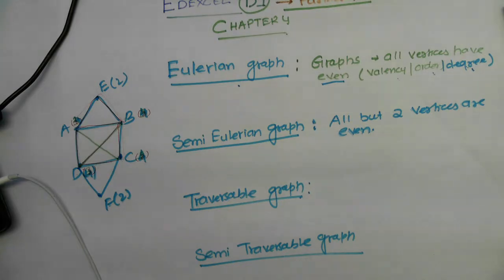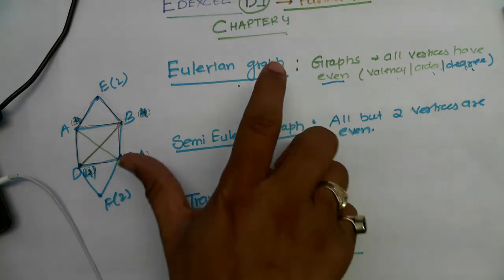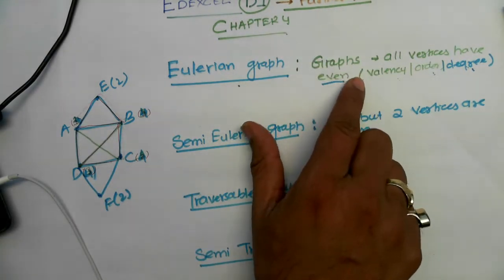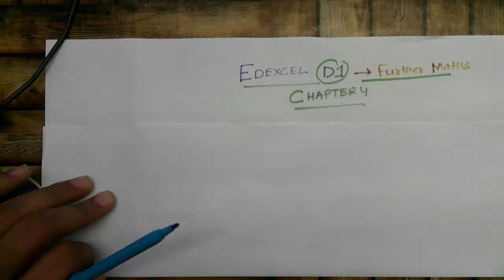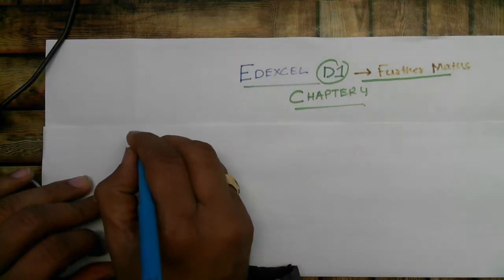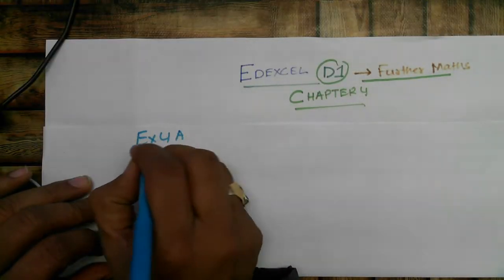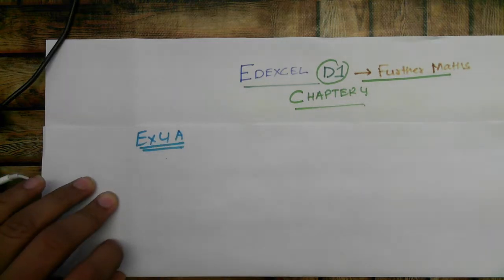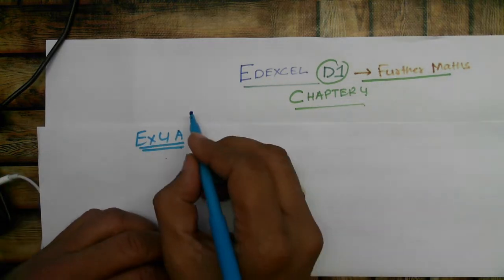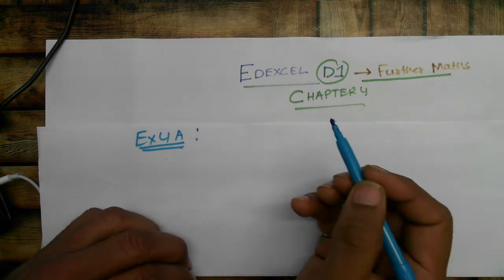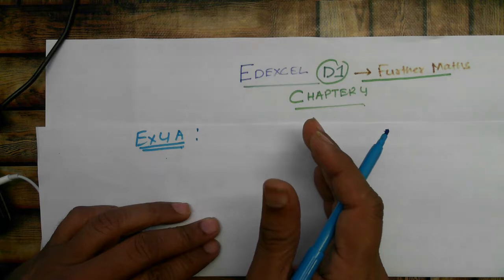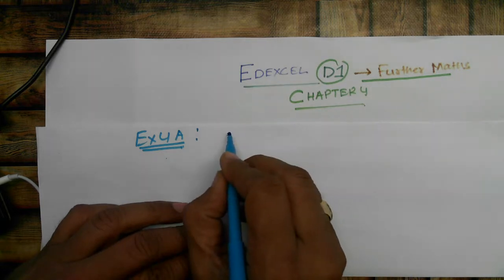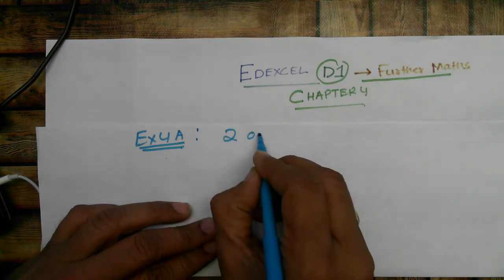Now we're going to look at how we actually use this route inspection algorithm to find the route. In exercise 4A, we work with these definitions, and it talks about finding the route in a network starting from one vertex to another, where we have at most 2 odd vertices.